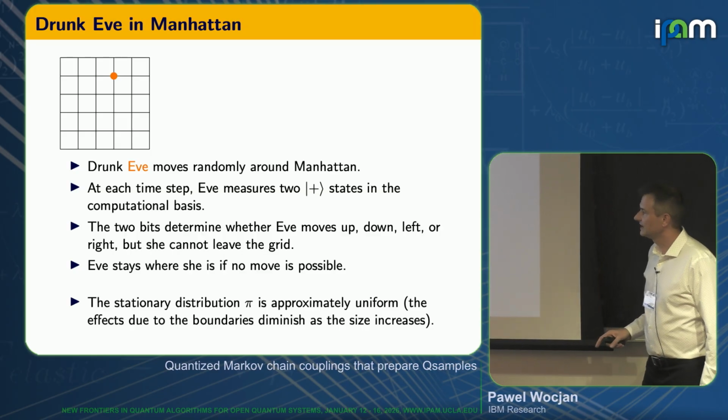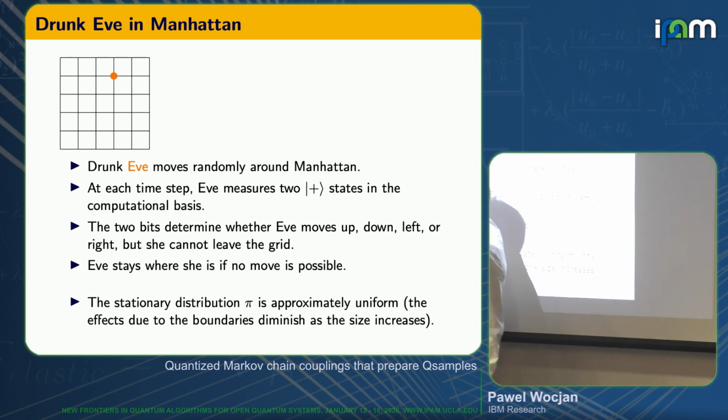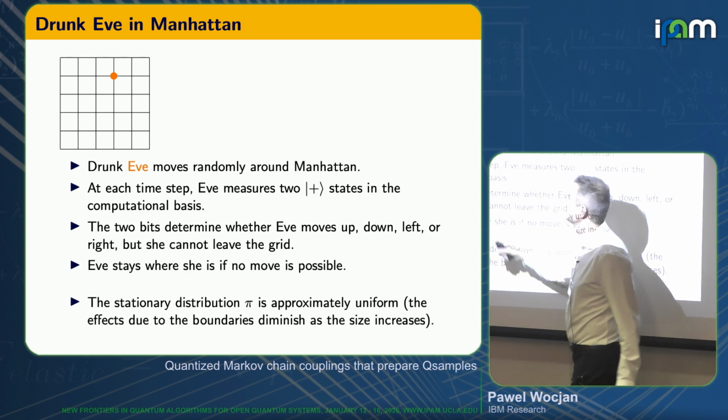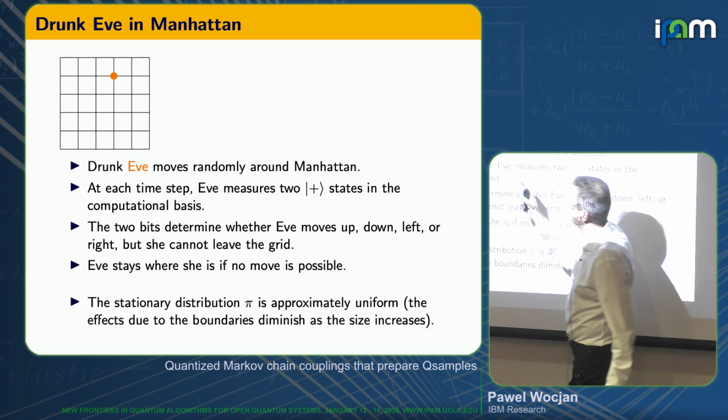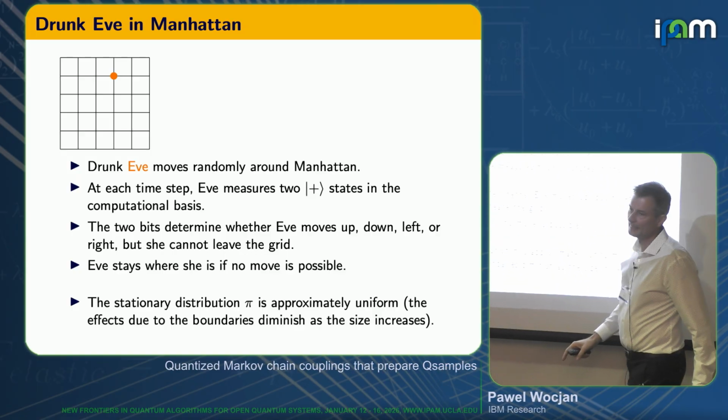And so Eve stays where she is if no move is possible. For example, if she's here and the outcome tells her, move right, she can't escape Manhattan. So she's just going to stay here.